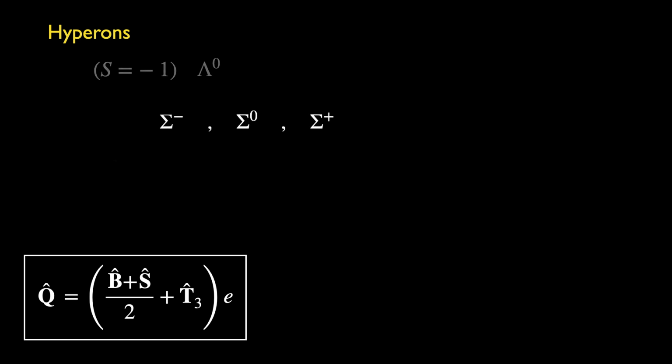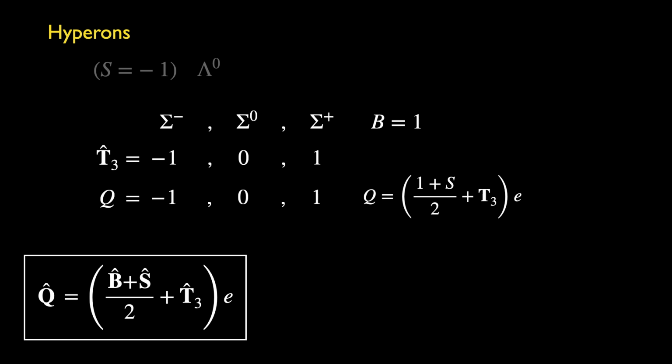What about the sigmas? Setting B equals 1, their charges should be equal to. We can use this to work out the value of S for the sigmas. First notice that the values of T3 and Q are identical for each sigma particle. This implies S equals -1 for the sigmas.